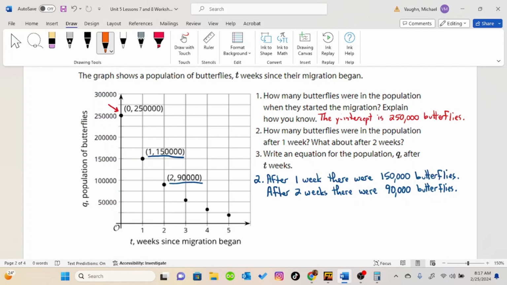Number 3, write an equation for the population Q after T weeks. So we would say Q of T equals the y-intercept 250,000 times the factor.